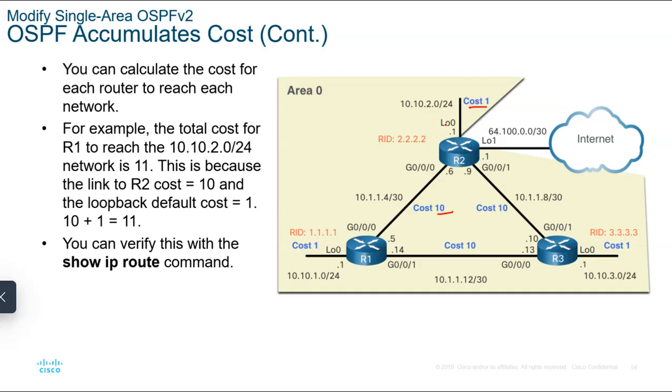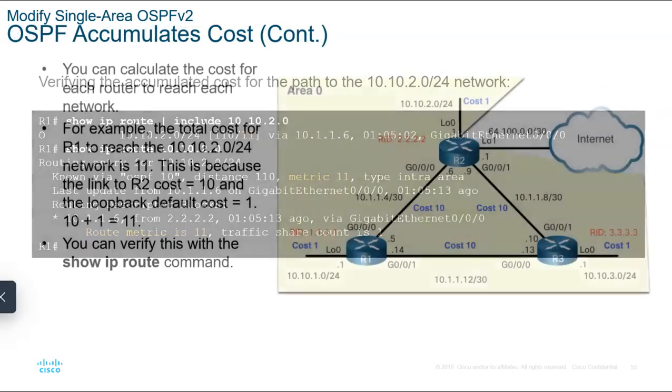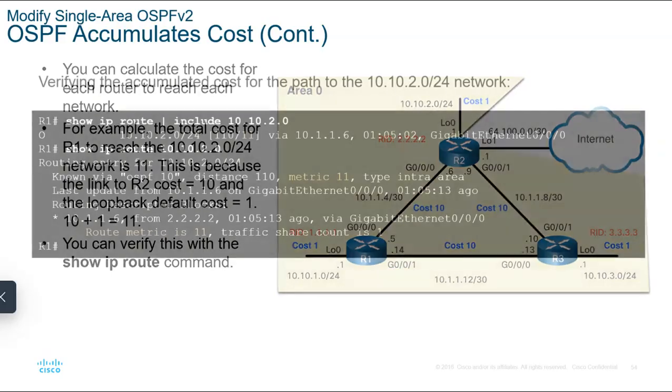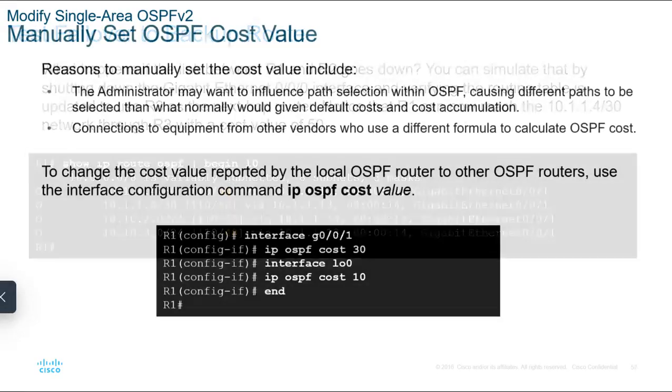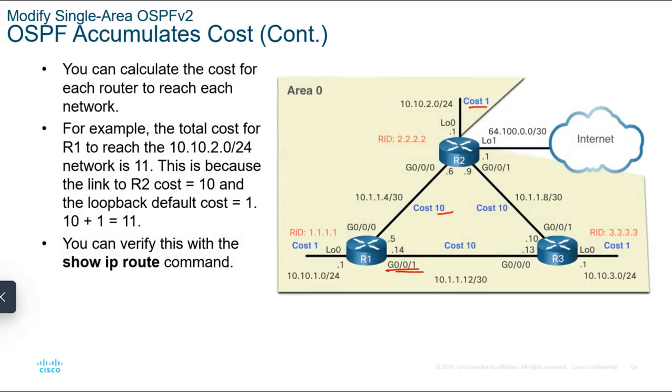Now, on the next page, we are changing router 1 G0/0/1, which is this. We're manipulating it to 30. So now this one here is 30.